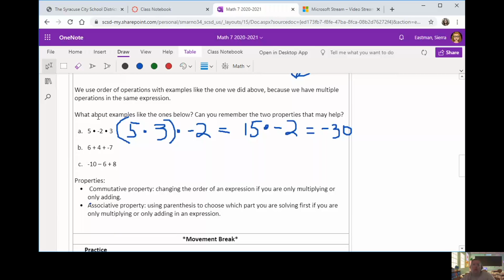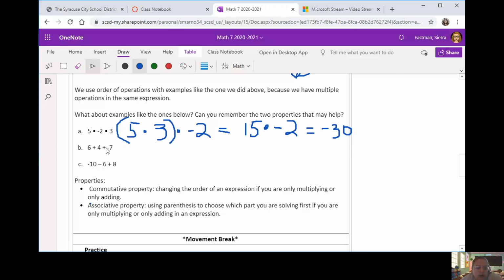Okay, again, this only works with multiplying and adding. We cannot use these properties with subtracting or dividing unless you change them to adding and multiplying first. And I'll make that clear in a second. So we just used both on this multiplication problem. Let's use both now on this addition problem.